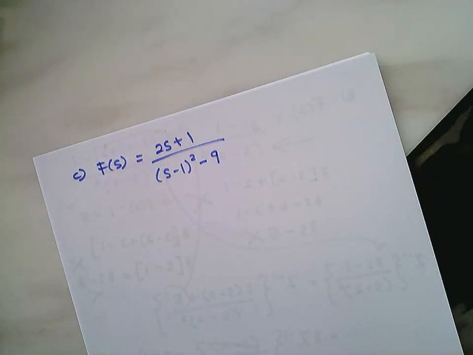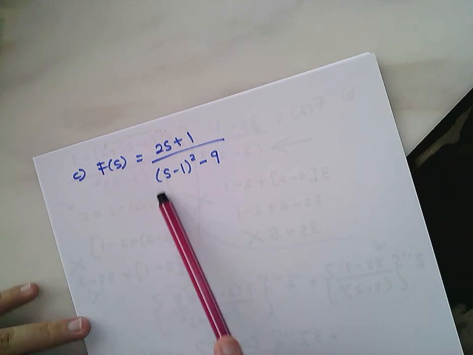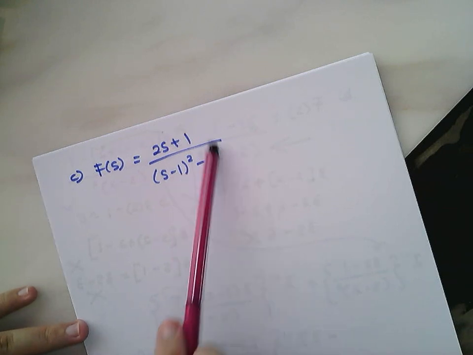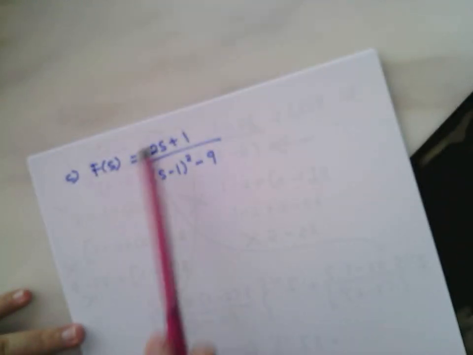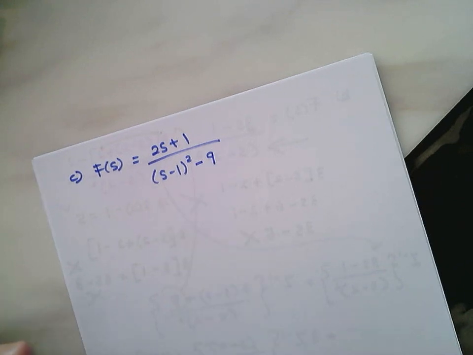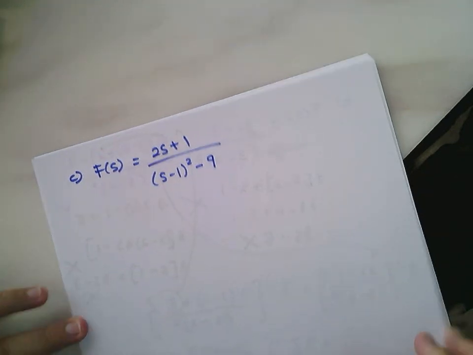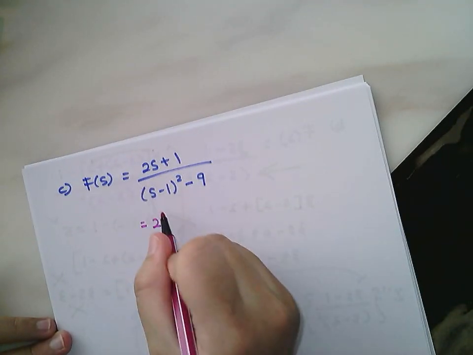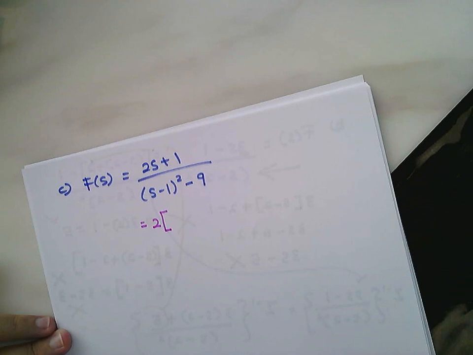So we proceed with example 3. We are still in first shift inverse. So what is your s minus a term? This one, s minus 1. So rearrange the numerator part so that it will be s minus 1 without changing the problem. So therefore you will have 2, and you have to have a bracket here.